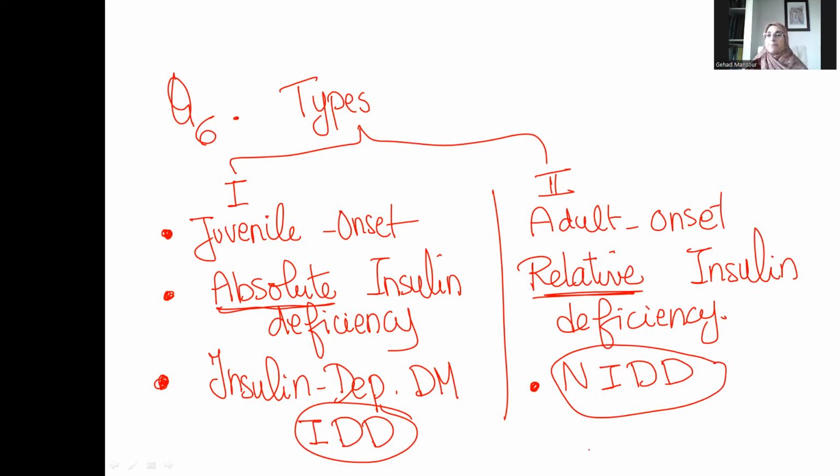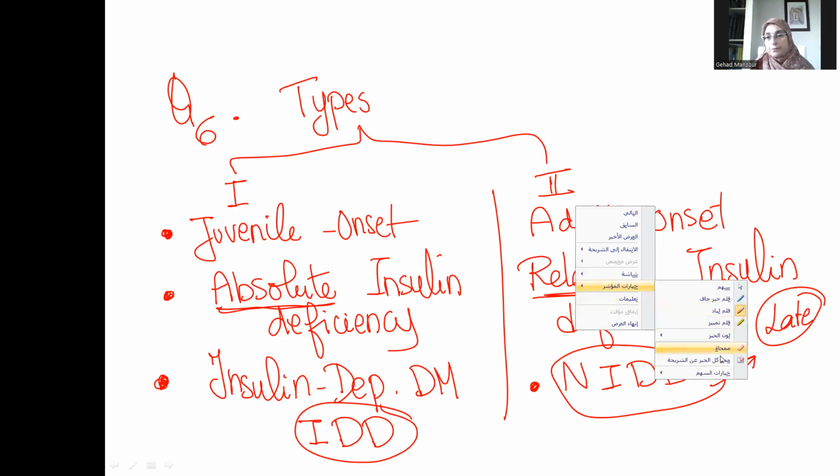We might give medications that increase the efficiency of the insulin that is present, but this doesn't mean that type 2 never use insulin. In very late cases or in severe cases, they might resort to insulin. So this is question number 6. And then question number 7, why is there absolute deficiency of insulin in type 1?